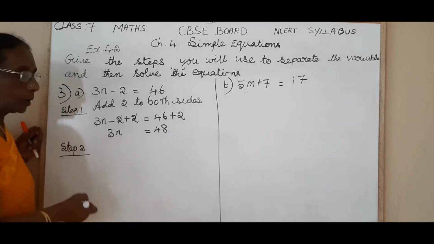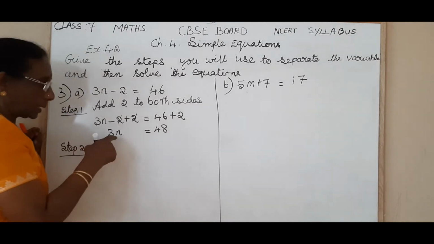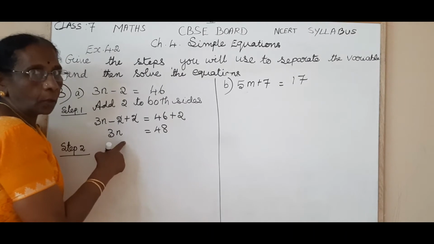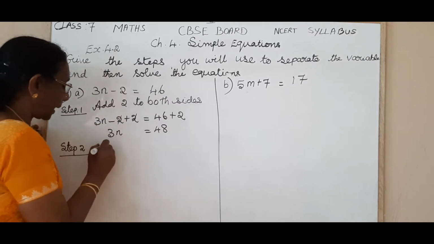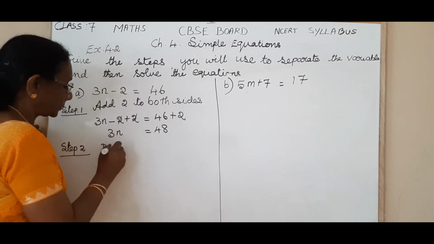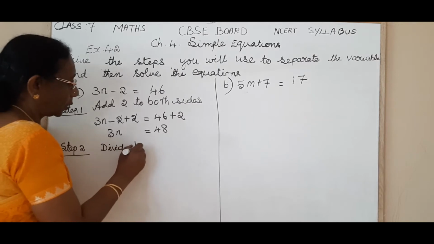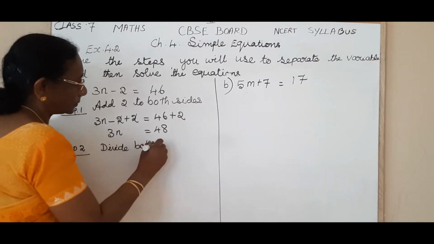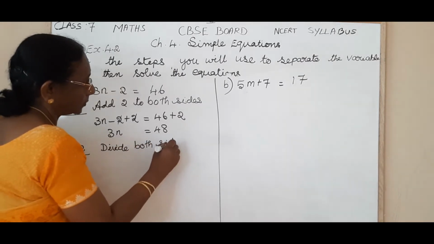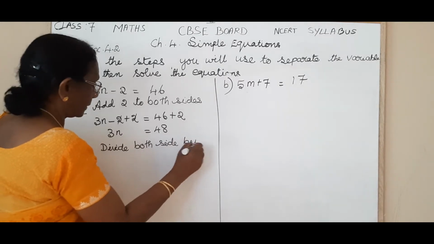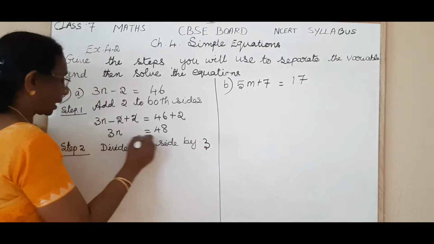You have to eliminate 3. 3n is 3 into n. So the opposite is what? Divide both sides by what number? 3.